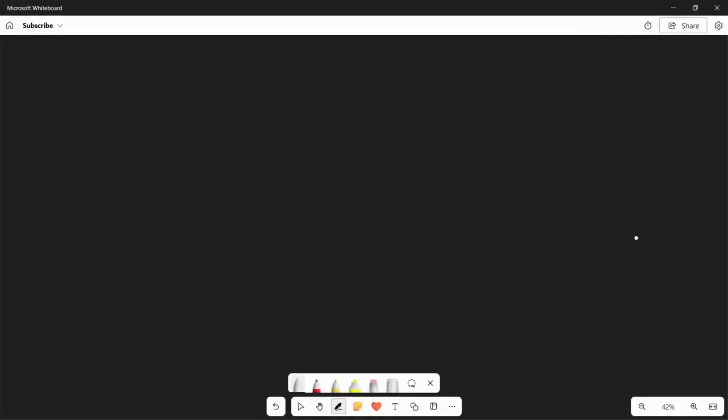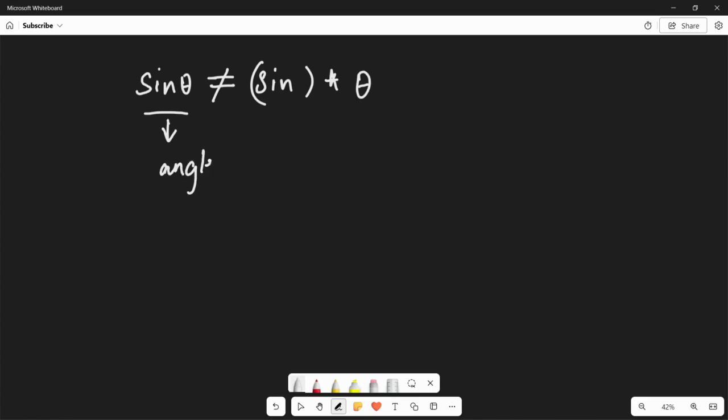Okay, so before moving to the new concept, we have few things to discuss. That is, I have already mentioned sine of theta is not equals to sine into theta. That is, this is pronounced as sine of angle theta. That is angle theta, sine of angle theta, and not sine into theta. That means sine of a plus b is not sine a plus sine b.